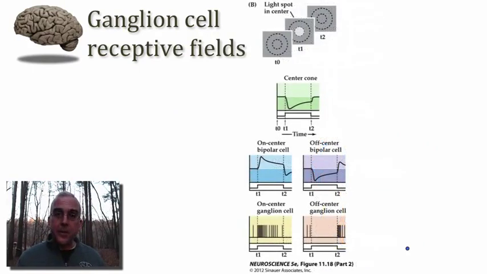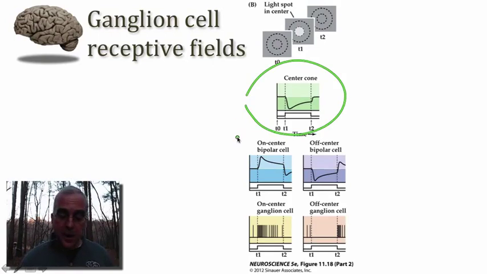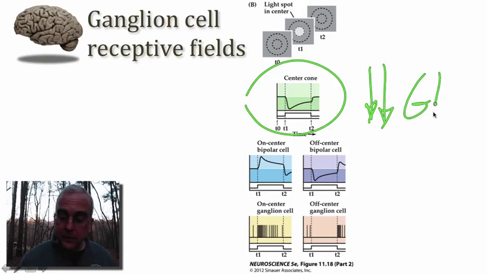So now let's consider what happens when light strikes the center of the photoreceptor receptive fields that are driving activity in these two parallel channels. Recall that when light strikes the photoreceptor, there's hyperpolarization. Hyperpolarization means much less release of glutamate, the neurotransmitter of the photoreceptor. When we release less glutamate, then the on-center bipolar cell is going to depolarize.